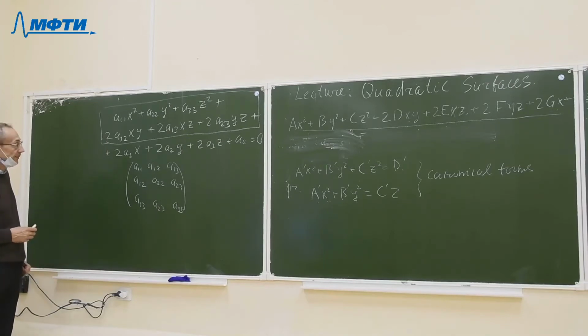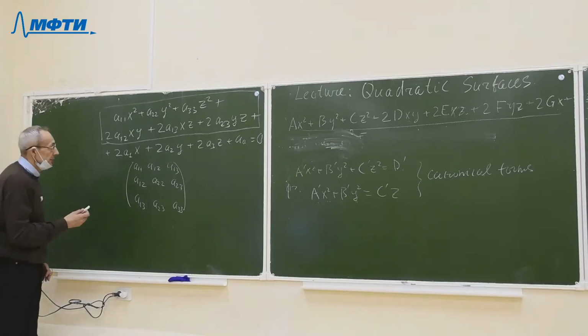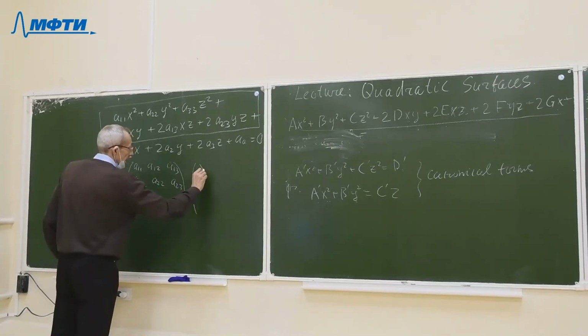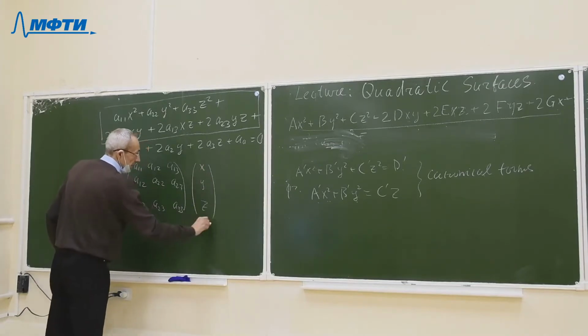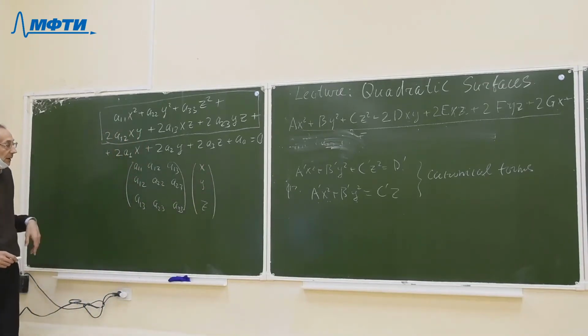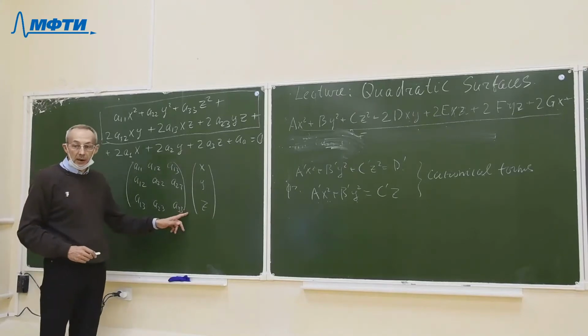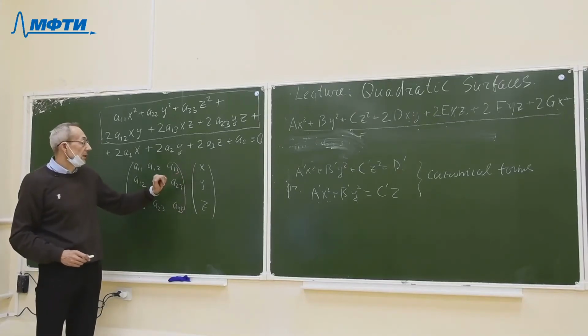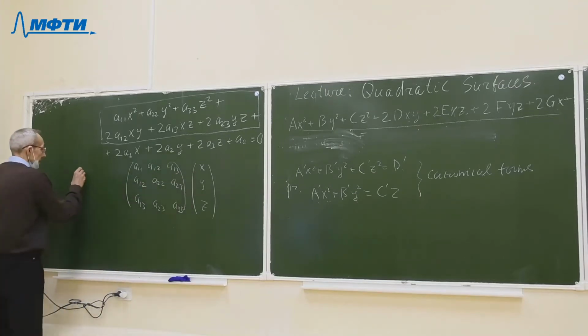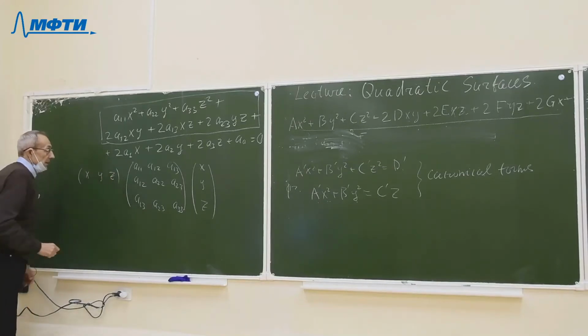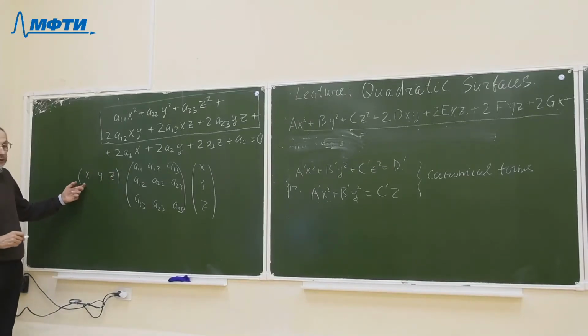And this part of the equation of the quadratic surface can be rewritten in the following form. I can multiply this matrix by the vector with coordinates x, y, z from the right side, and from the left side by the corresponding row vector which has the same coordinates.